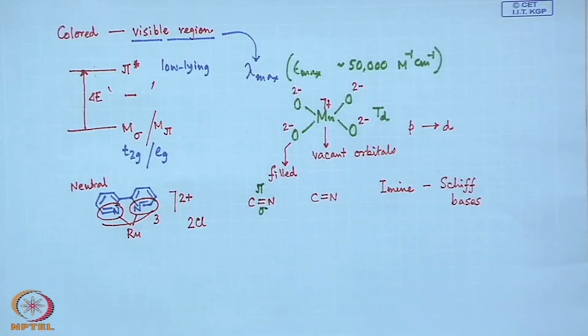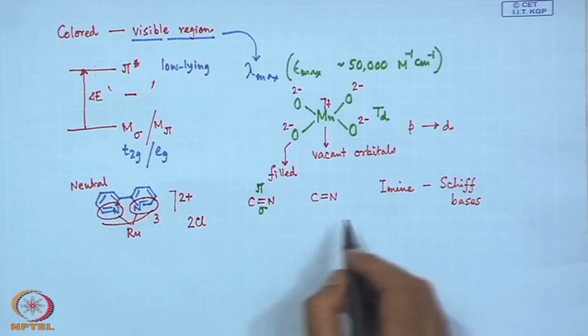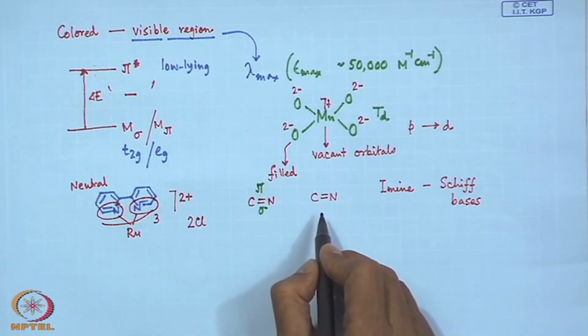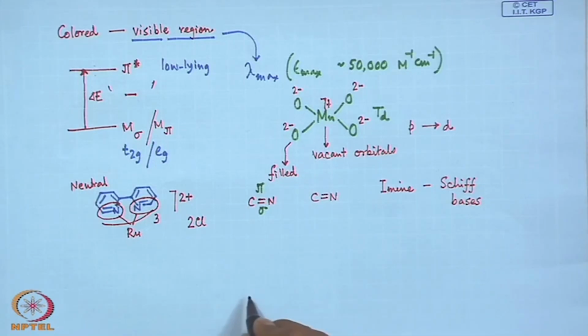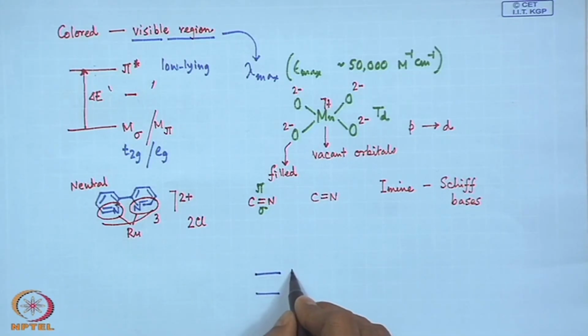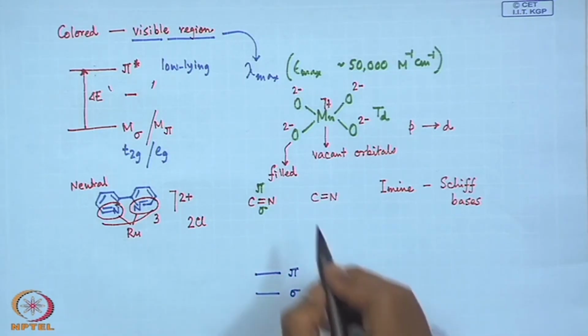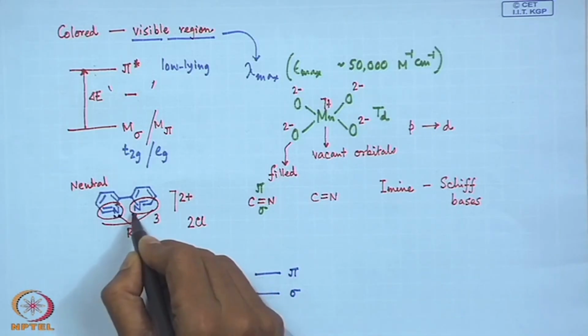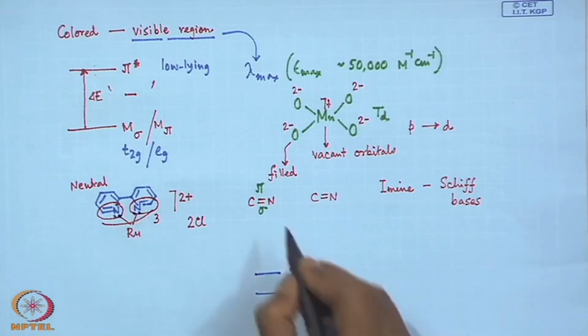So, whenever we are forming these bonds, what we have seen in the typical organic compound, that is, when we talk in terms of the isolated bipyridine molecule, we have the sigma bonding level, then the pi bonding level, and if we have certain amount of lone pair of electrons, because these nitrogen lone pairs are available over there.